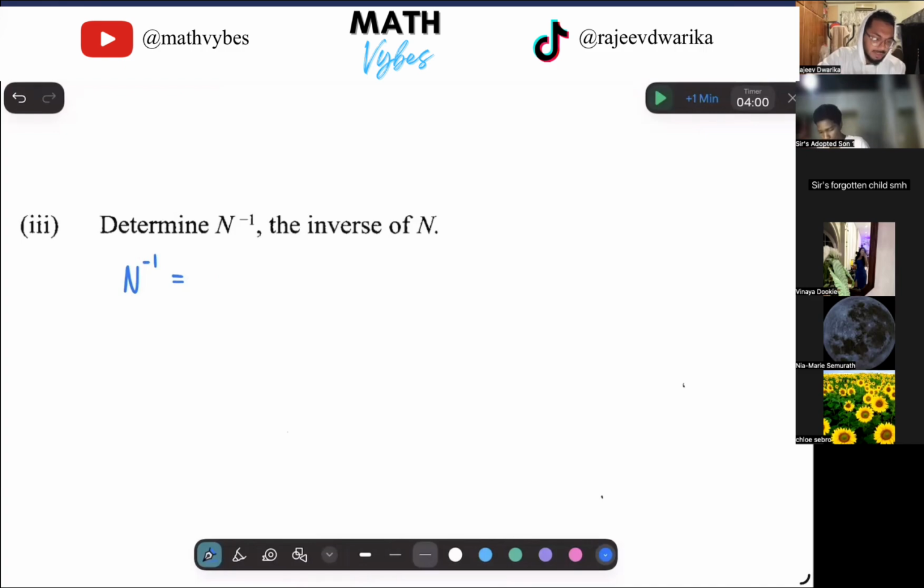Give it a shot. 1 over the determinant of N, right? And then multiplying that by the adjoint of N. Excellent.